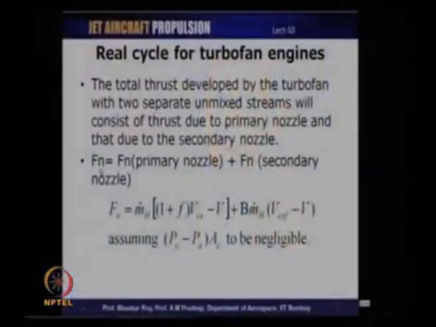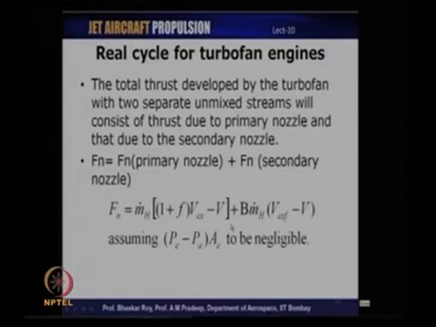So, the total thrust here is F n, equal to thrust due to the primary nozzle plus thrust due to the secondary nozzle. So, total thrust will be equal to m dot H, which is mass flow rate through the core duct, into 1 plus F into V Ex, which is the exhaust velocity, minus V, the flight speed, plus the bypass ratio into m dot H, or m dot C, into the exhaust velocity through the bypass nozzle, that is V Ex F minus V. Here we are assuming that the pressure thrust is negligible.